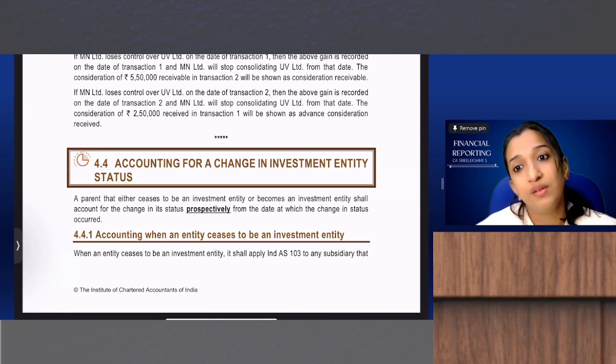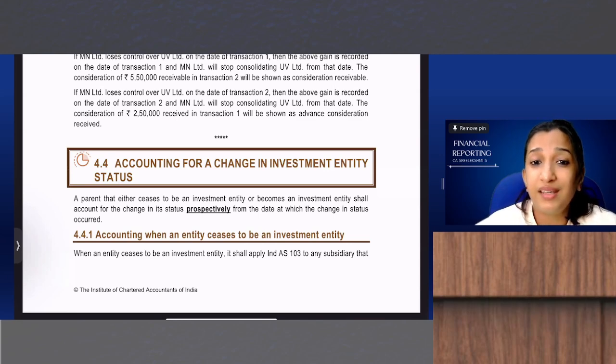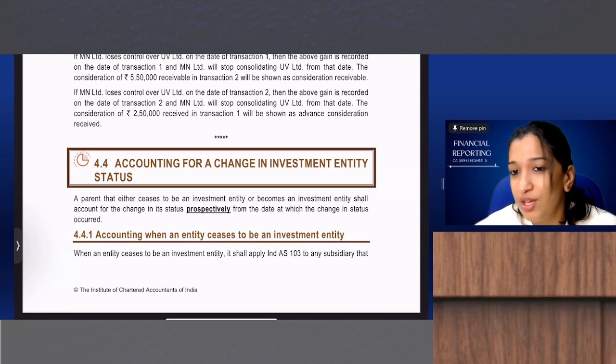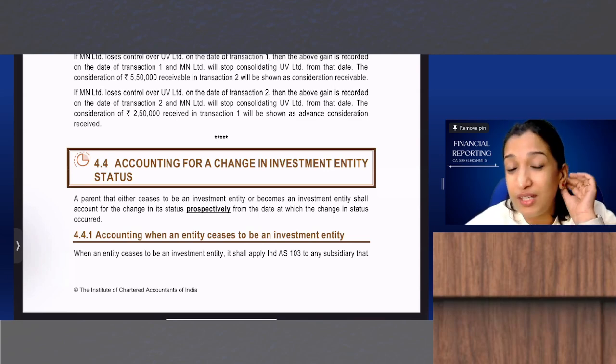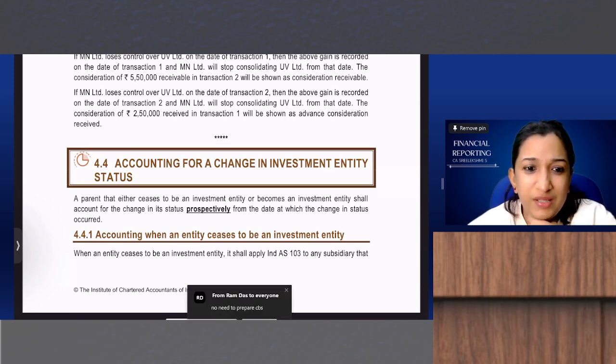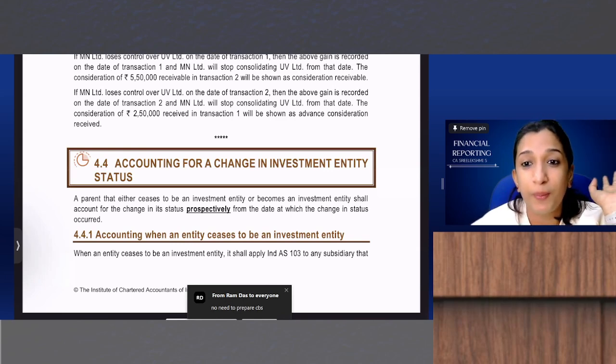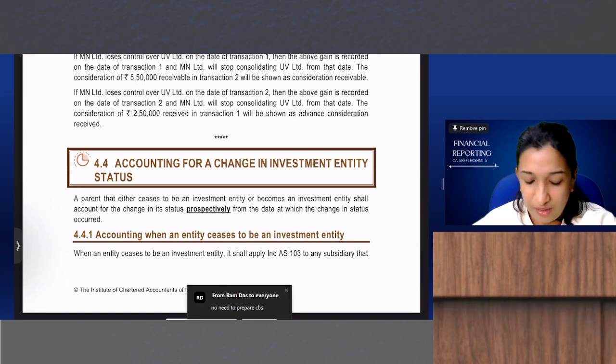An entity which is engaged in investments and gives the returns to the original investors, the unit holders. What we have studied with regard to investment entities is that they are not required to prepare consolidated financial statements.